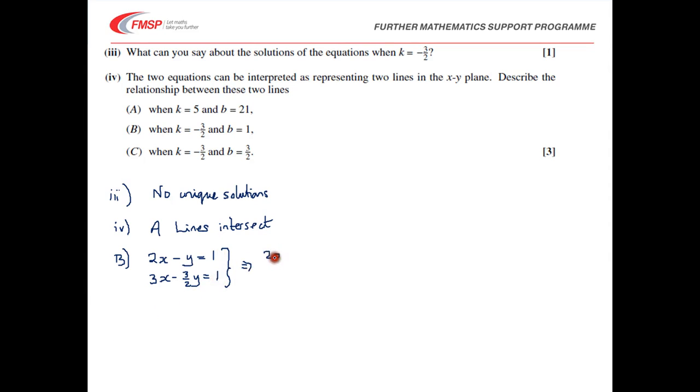If I multiply the second equation by 2, I get 6x minus 3y equals 2, which would then give us, dividing by 3, 2x minus y equals 2/3. So the lines are parallel.